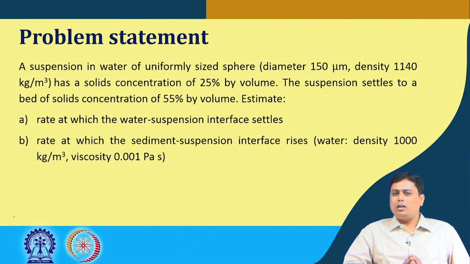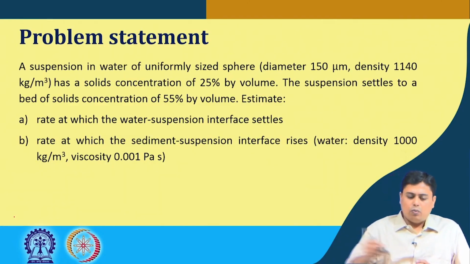One was that you had a clear liquid section, that is zone A, then you have zone B, where the concentration of the suspension is the same as the initial concentration that you started the experiment with, because in batch operation there is no feed as such. So the homogeneous suspension concentration that you started with would be zone B, and the last portion, at the bottom, would be the sedimented portion, which is zone S.